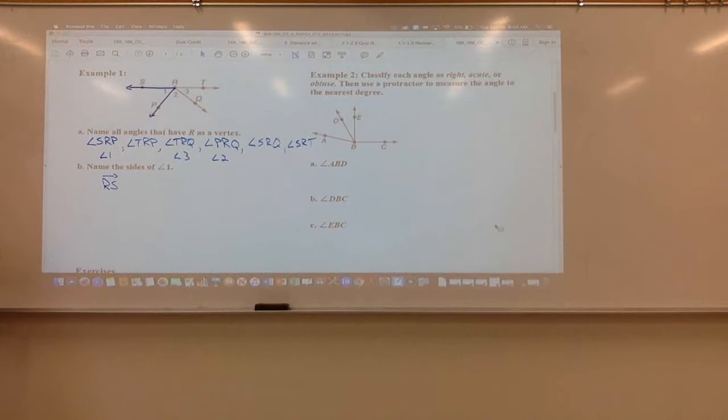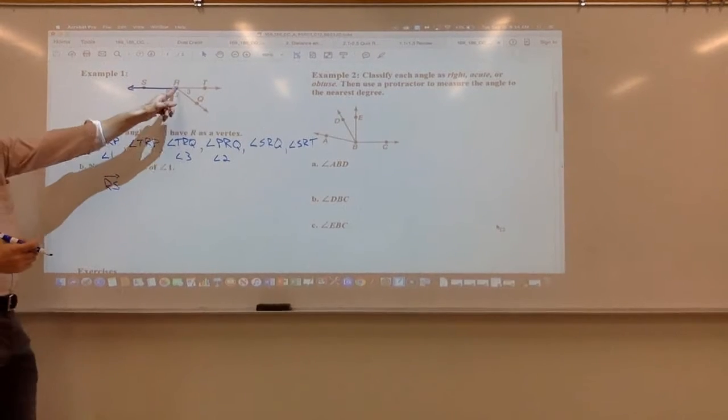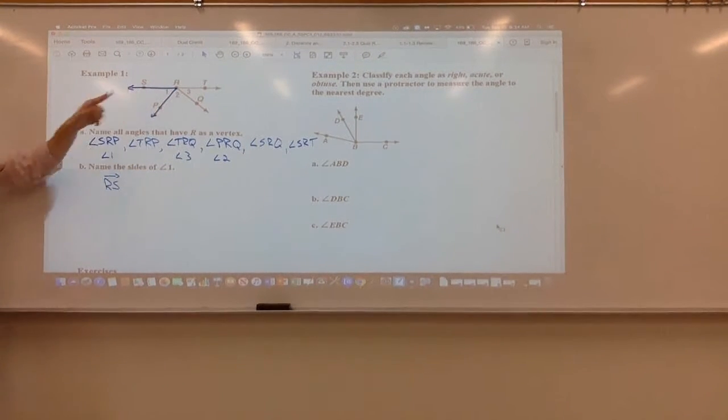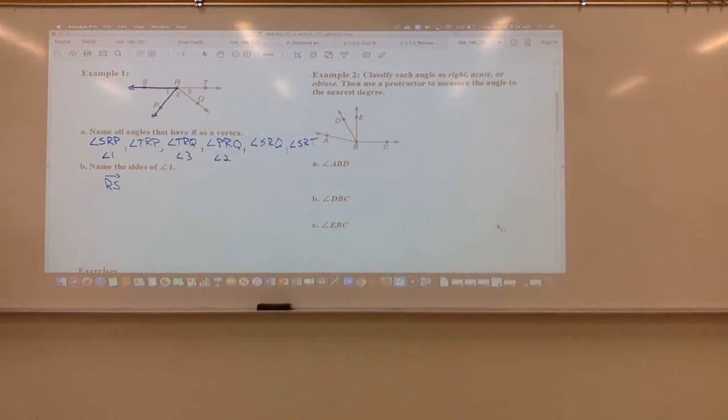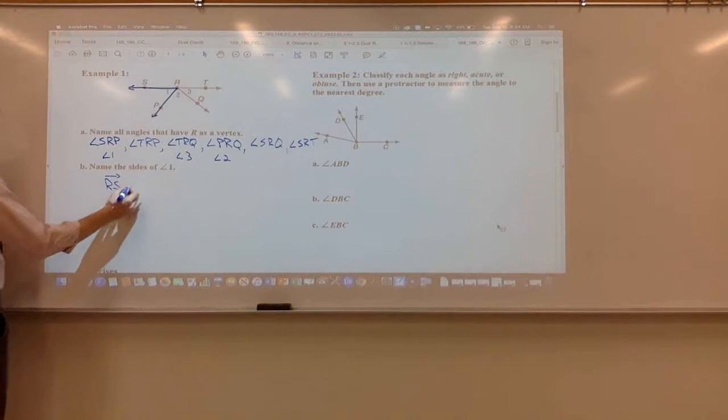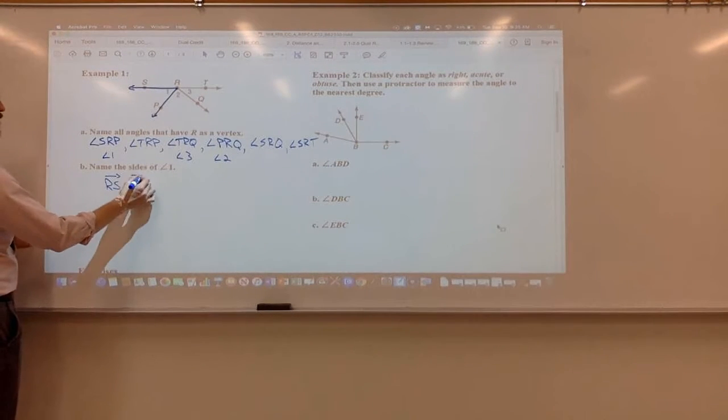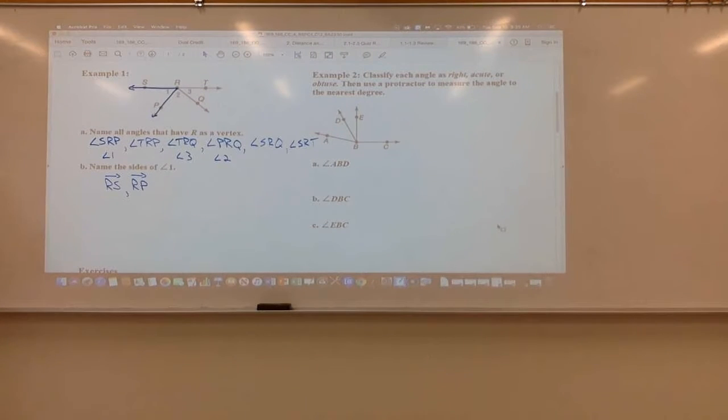Could I have said SR instead? No, right? Order does matter when we're naming a ray. We always put the end point first, and then another point on the ray. So what's the other one? RP. And order does matter. Okay so far?